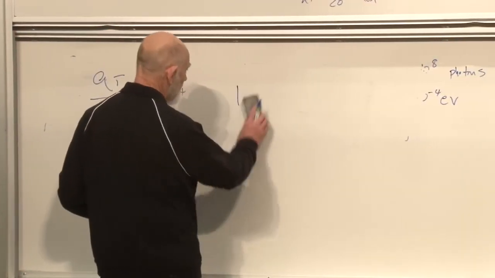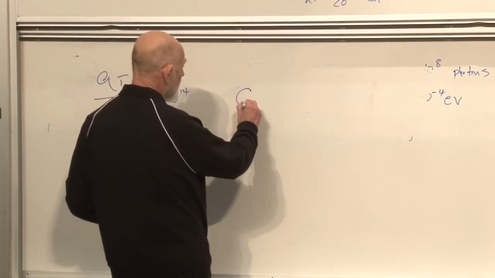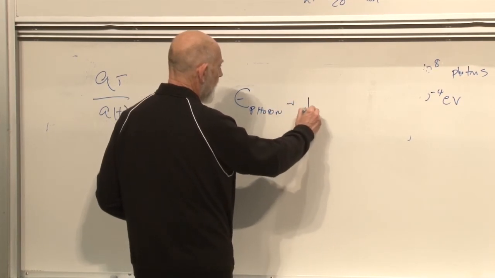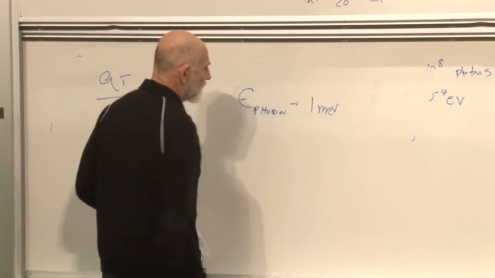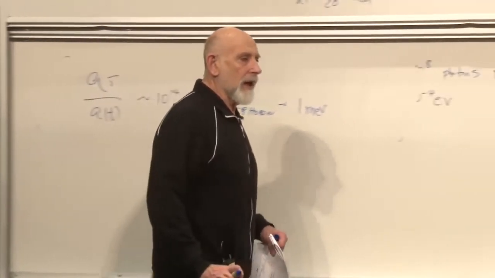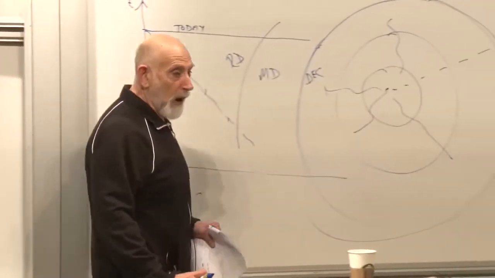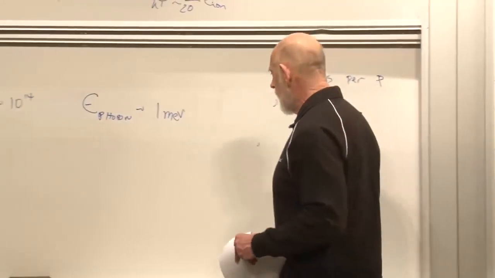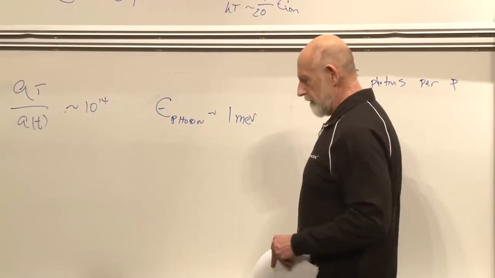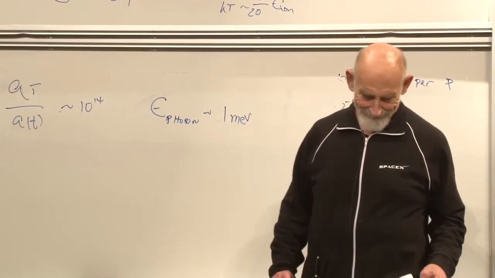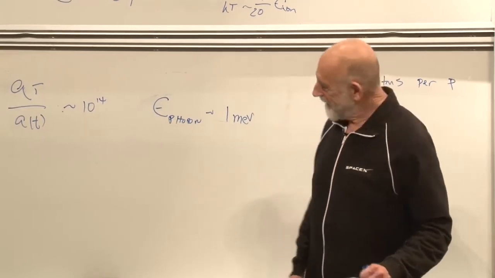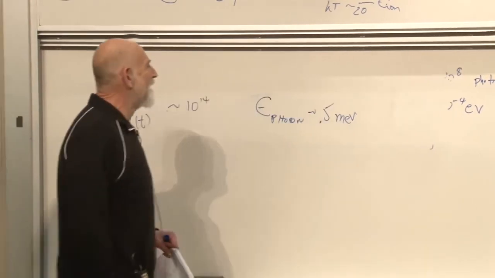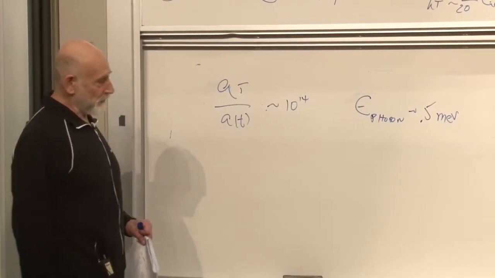So what I called epsilon earlier, the energy of a photon here, is about 1 MeV, 1 million electron volts. Now that happens to be about twice the mass of an electron, the mc squared of an electron. I'm sorry, it's about 0.5 MeV that would correspond to the mass of an electron.